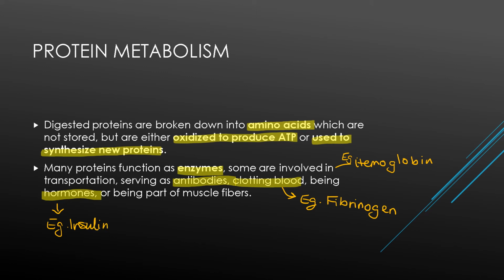Or even the contractile elements in muscle fibers. So think of an example like actin and myosin. These are all going to be different types of proteins with very different functions.